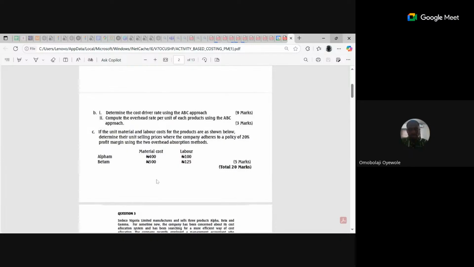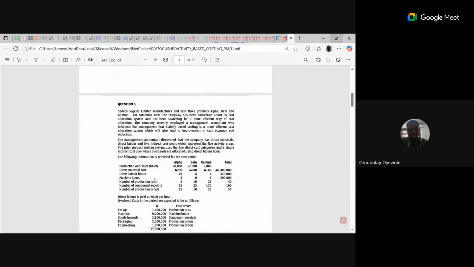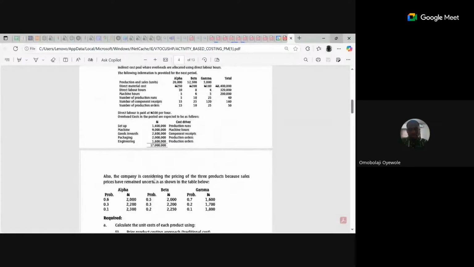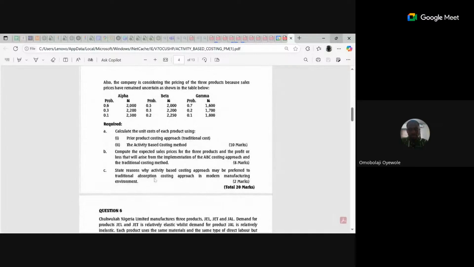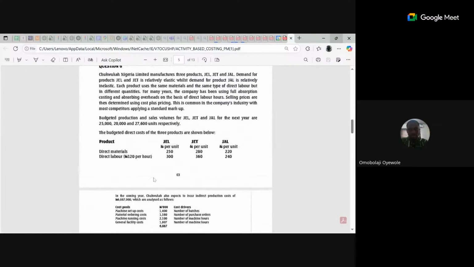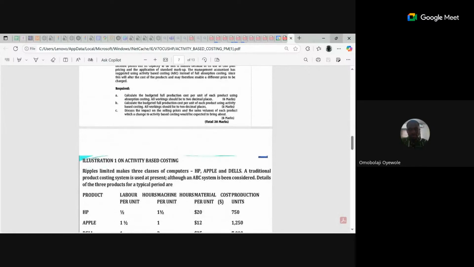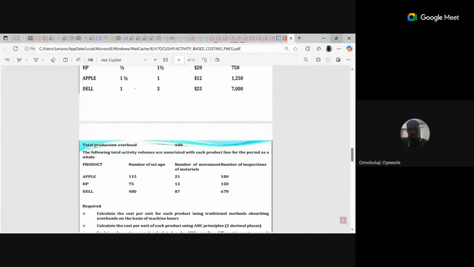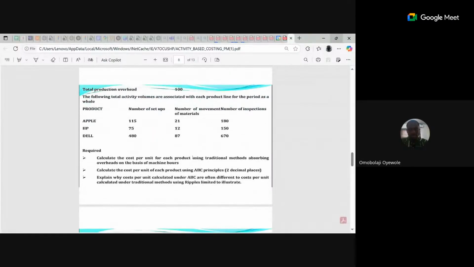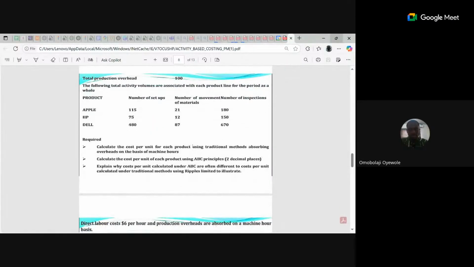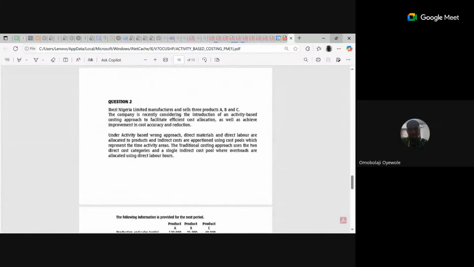Then the next one, let's just try to screenshot it. Everything is from the ICANN pack. And the last diet question on activity-based costing as well is there. I'm going to solve that as well. Might be they want to do that as an assignment.